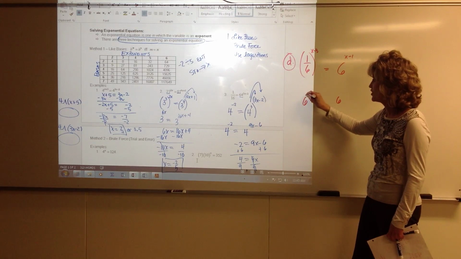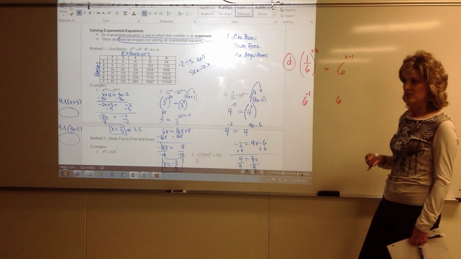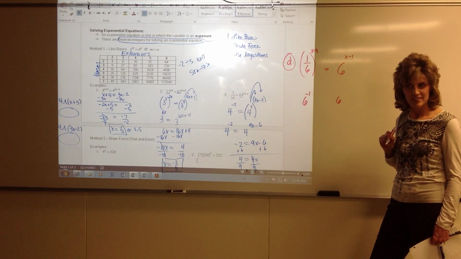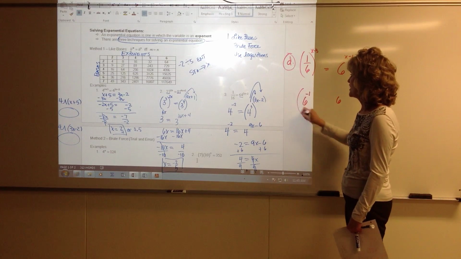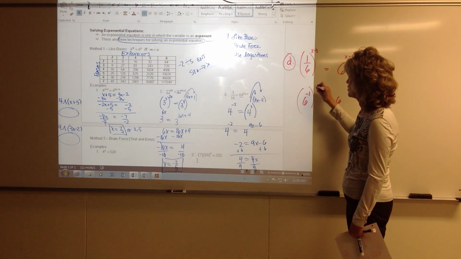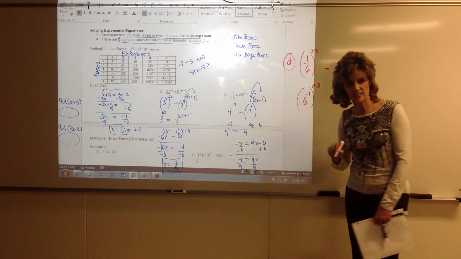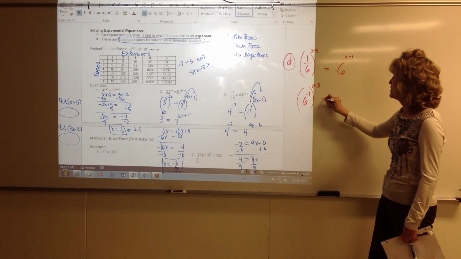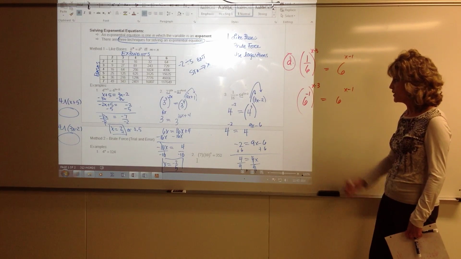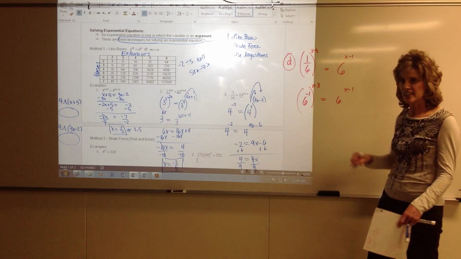Yeah, 6 to the negative 1 will turn into 1/6. So 6 to the negative 1, where 1/6 was raised to the x minus 3, is also raised to the x minus 3. And you should be able to finish it from here because it's just like the other ones.